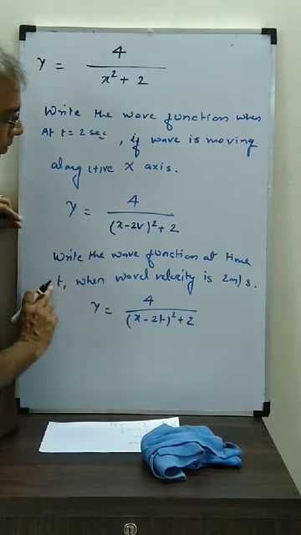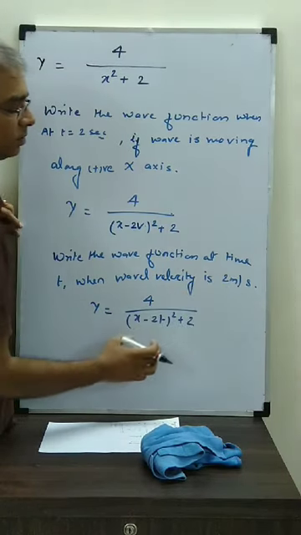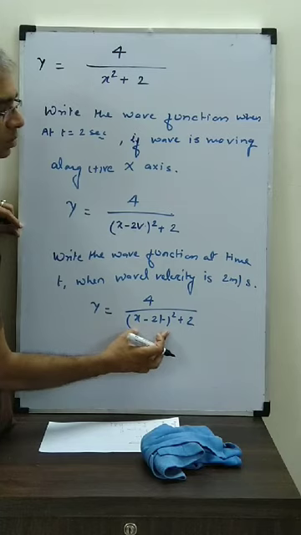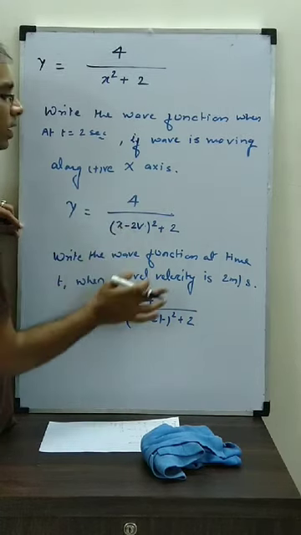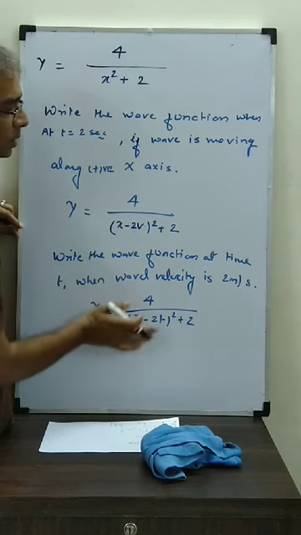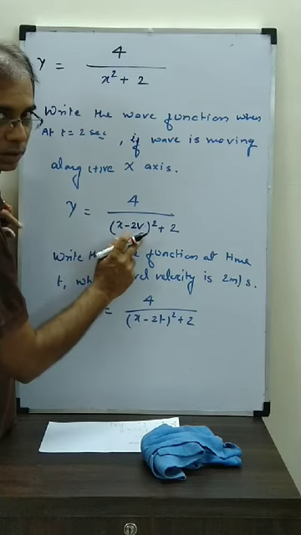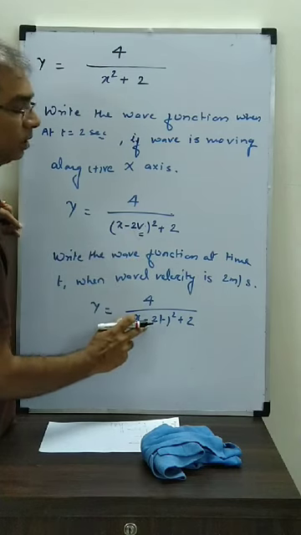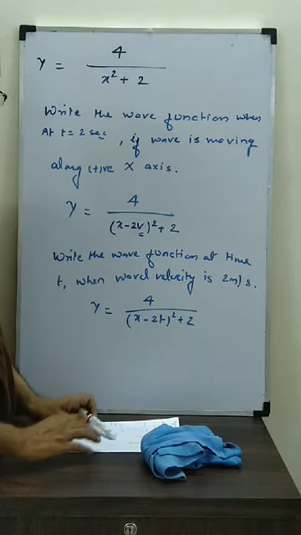Whereas here the function is written in terms of t and velocity is given, so we have written the same function as x minus 2t whole square. The same question is asked in 2 different ways, so we have written the answer also in 2 ways. Here time was given, speed was not given. Here speed is given, time is not given. Is it okay?